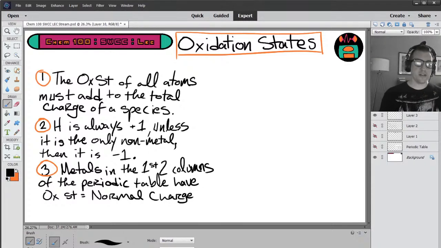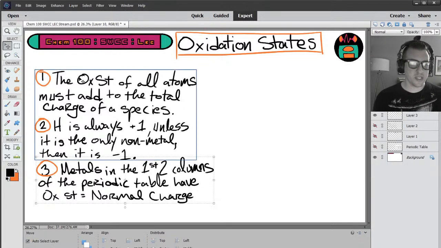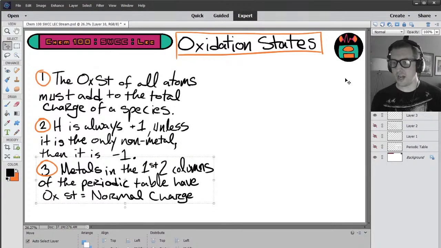All right, if you have a metal in the first 2 columns of the periodic table, then their oxidation states are equal to their regular ionic charge.